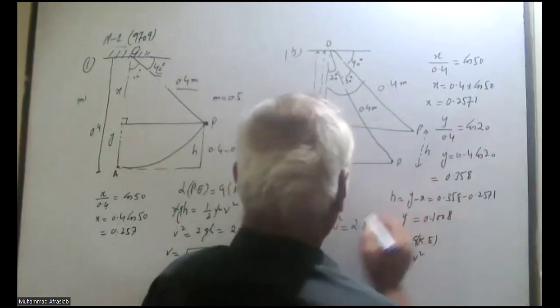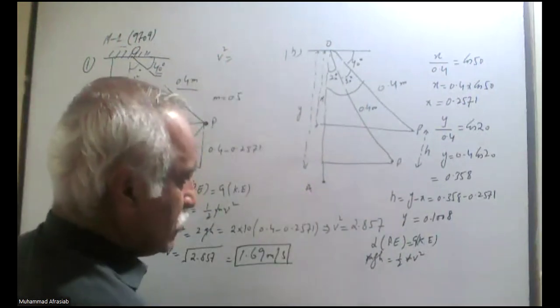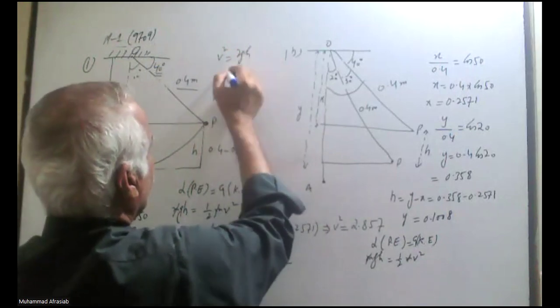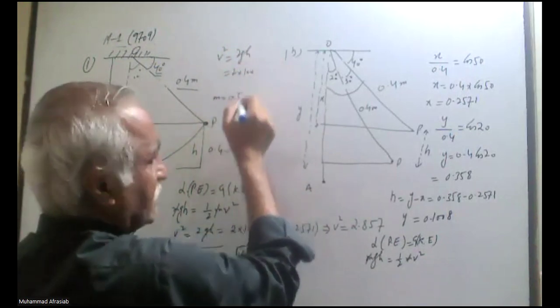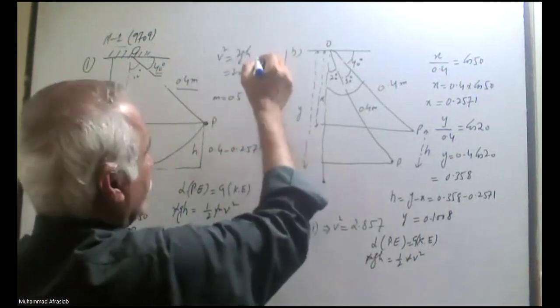So v squared is equal to 2gh. 2g is 20. The height between this is 0.1008.